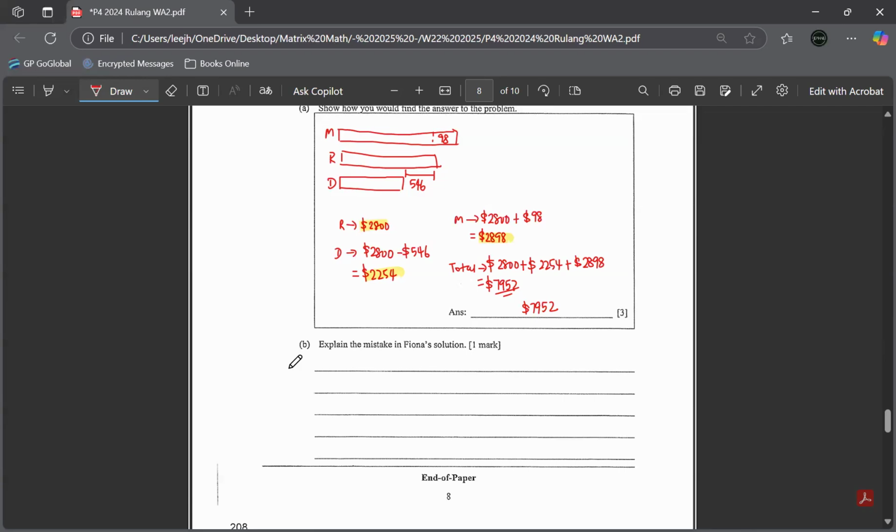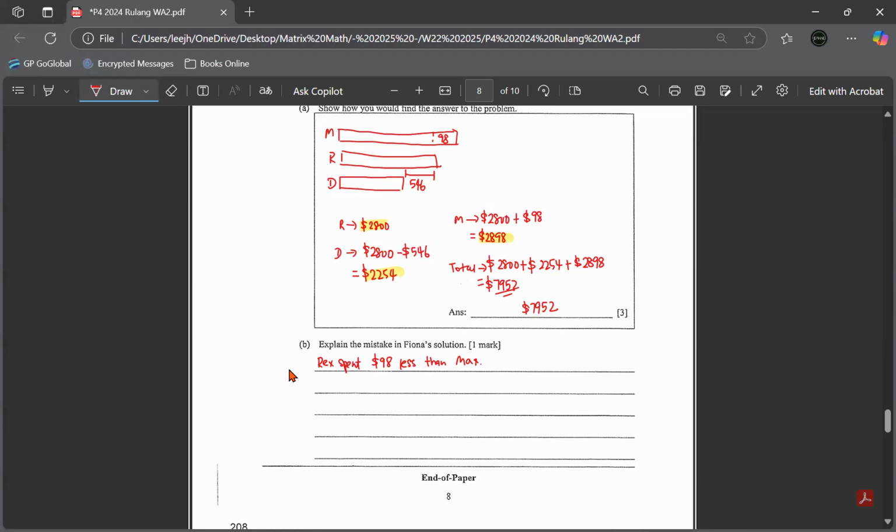Okay, because for me, I will write this down. You can just take a look. Okay, the first one, Rex and Danny, nothing wrong. Okay, it's correct. It's just the part for Max. So you know that Rex spends $98 less than Max. So you cannot minus.